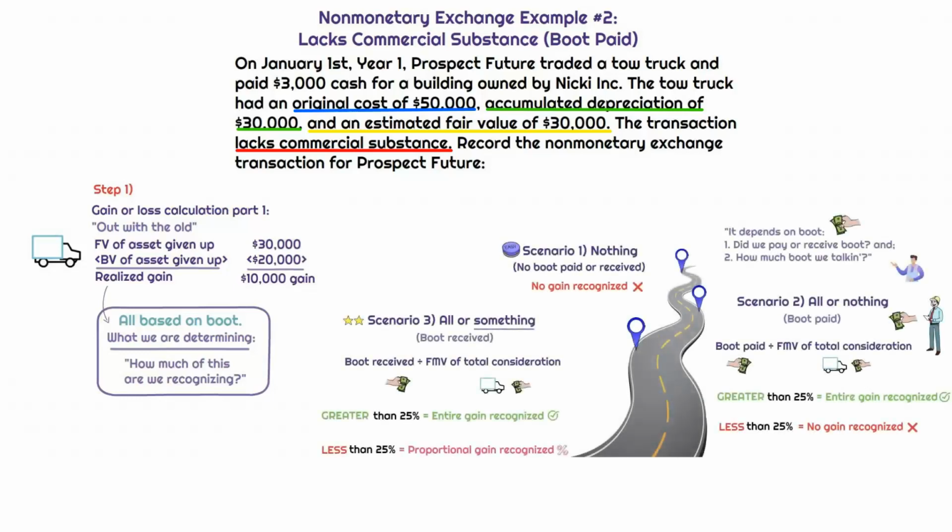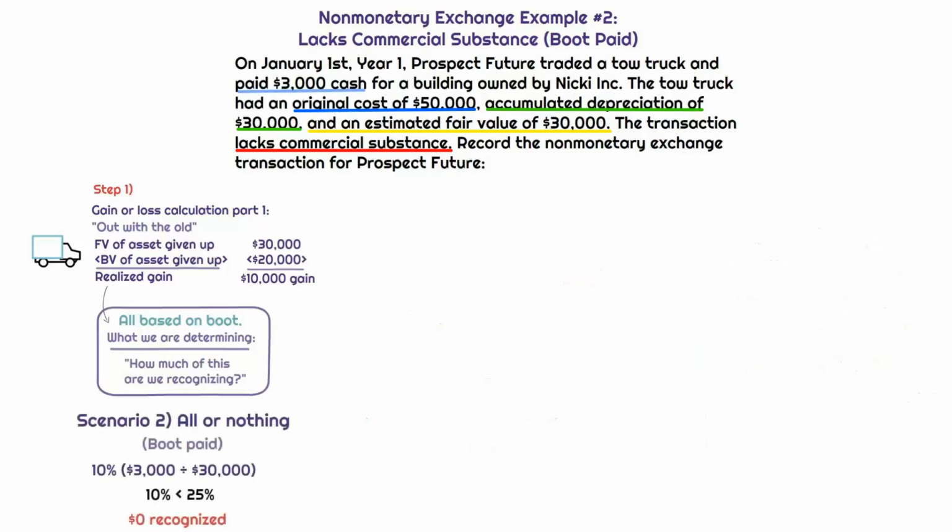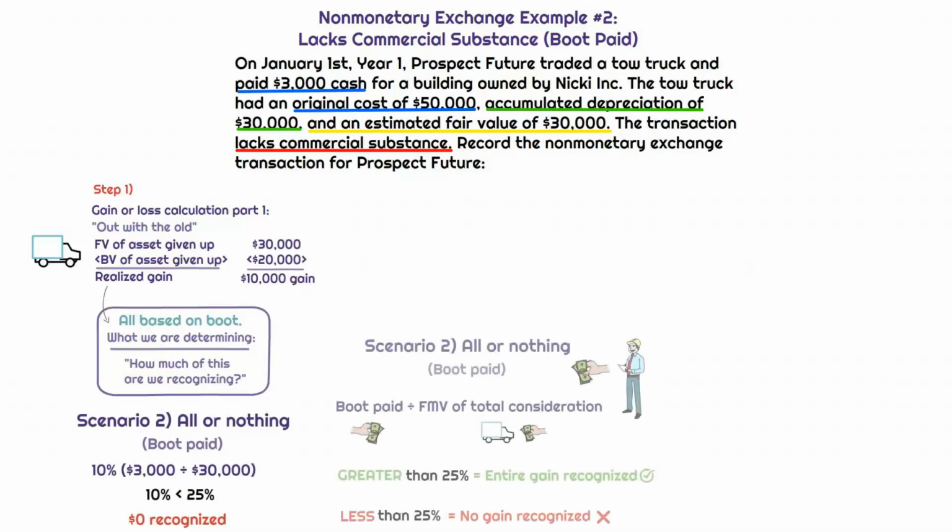Again, asking ourselves, is this the nothing scenario, the all or nothing scenario, or the all or something scenario? Well, boot has been paid. So that tells us that this is the all or nothing scenario. What does that mean? It means all or nothing, right? All of this gain is getting recognized today, or none of it is getting recognized today. And how do we know? We're going to apply the 25% test to make that determination.